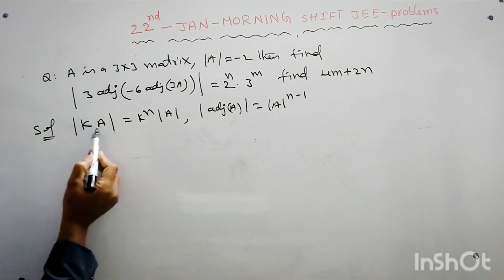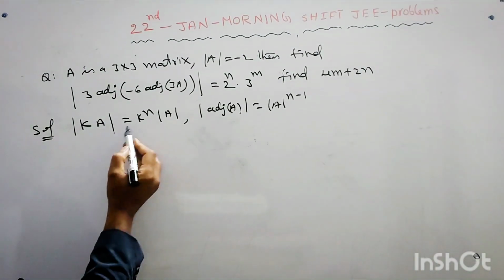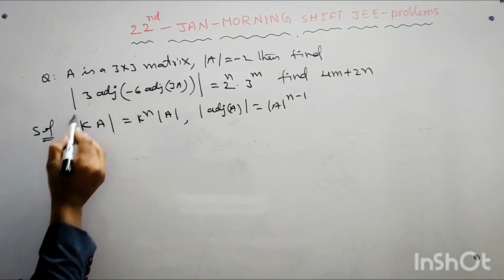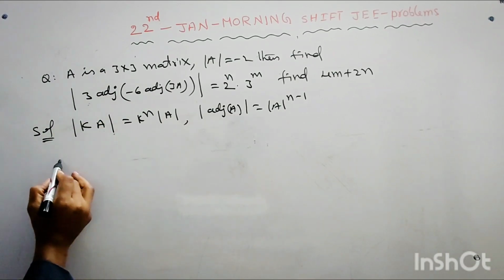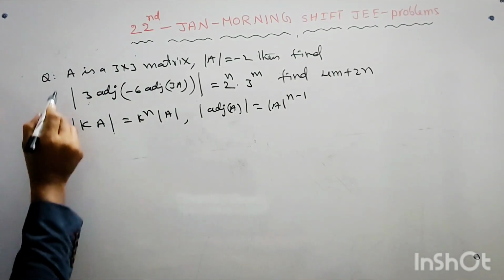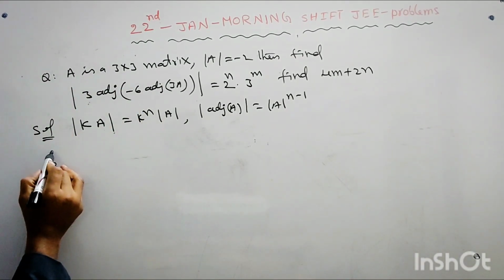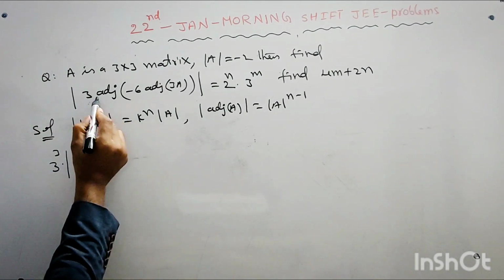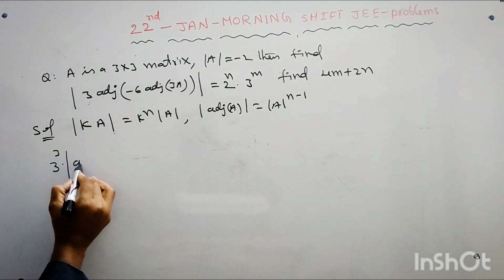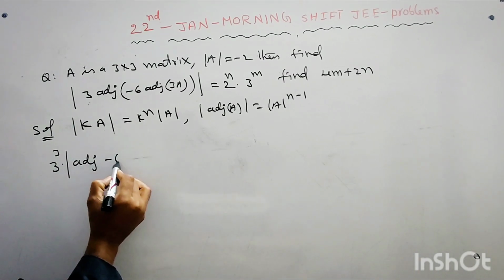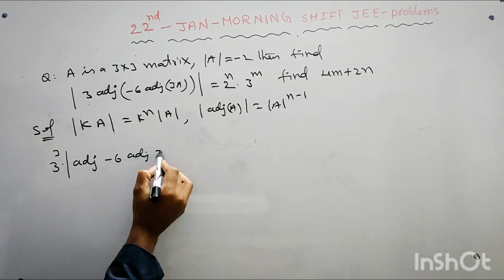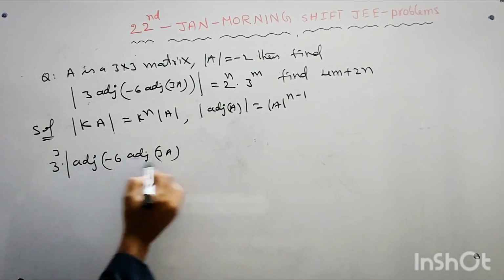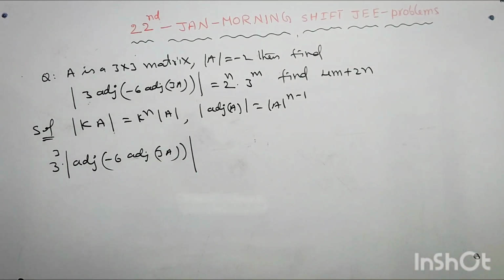What is the formula? K power n. What is the k value? 3. So this is 3 to the power of n, where n means 3 by 3, that means 3 only here, into det A. Det of A means this matrix, adjoint of minus 6, adjoint of 3A, like this.